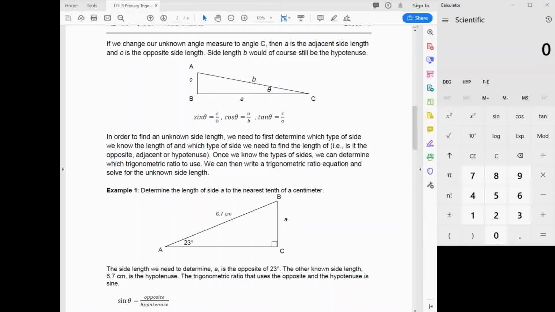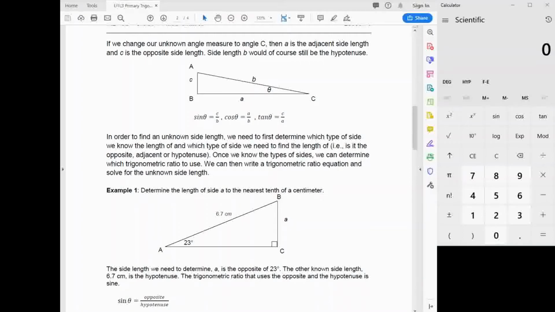So let's say we switch to angle C as our reference angle. Well, now our adjacent and our opposite have switched, but our hypotenuse remains the same. Our hypotenuse is still B. So if our reference angle is C, the opposite is the lowercase c, because that c is opposite of our reference angle.